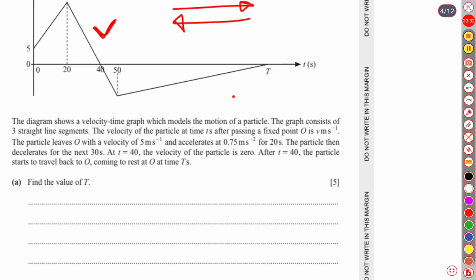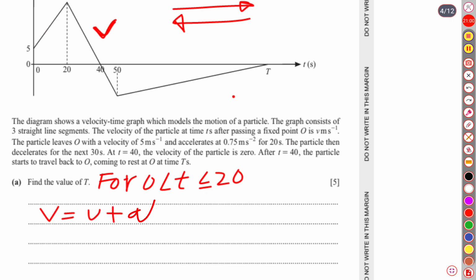First of all, we should know the maximum velocity when it was moving onward. So for that, we write for 0 until the time was 20 seconds. At 20 seconds, the particle was moving at the highest speed. So let us find the speed at that moment. v equal to u plus at.